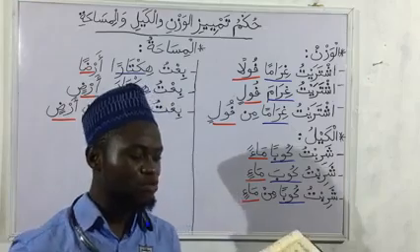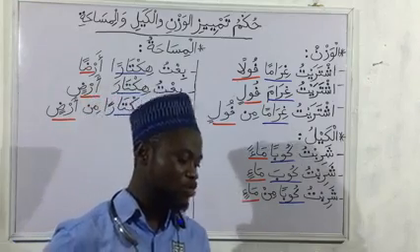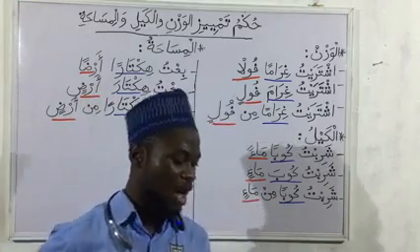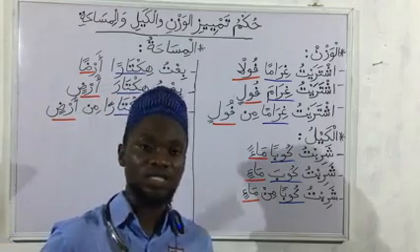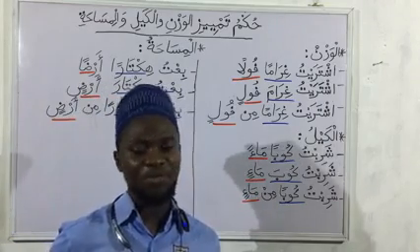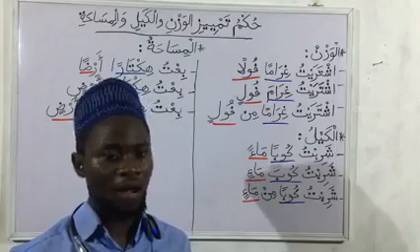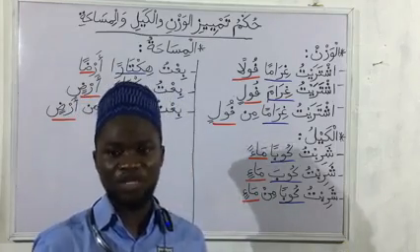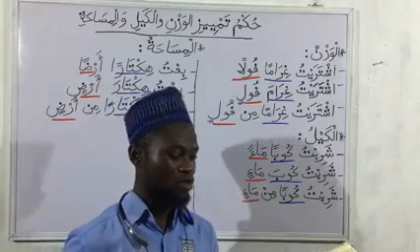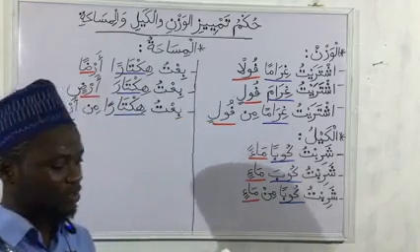It is permissible for them أن ينصب, to be in nasbu state, or أن يجر بالإضافة, to be in jarru state with idafa, or بمن, with majrur bimin, that is when min comes before the word. So that is the qaida.